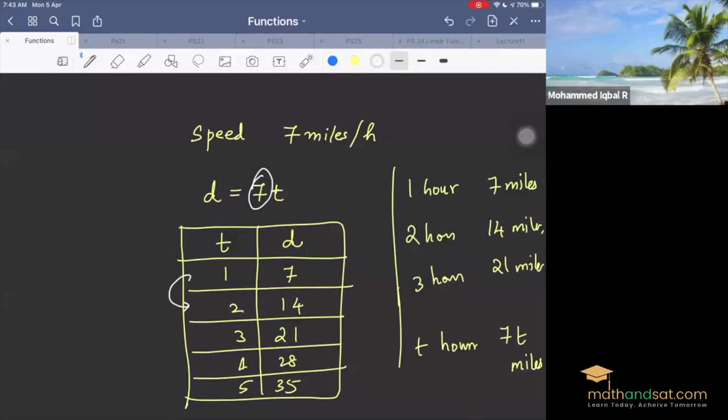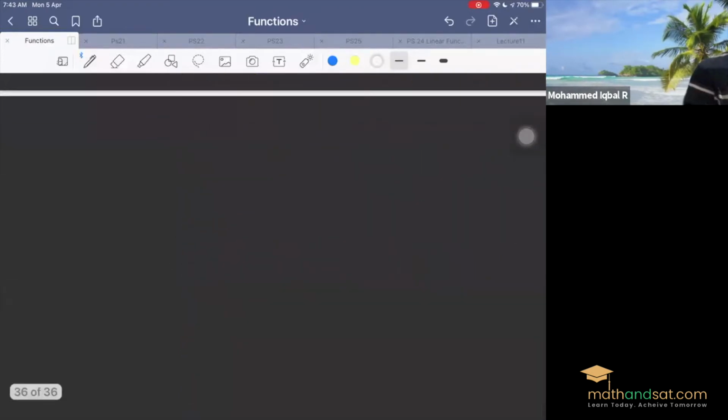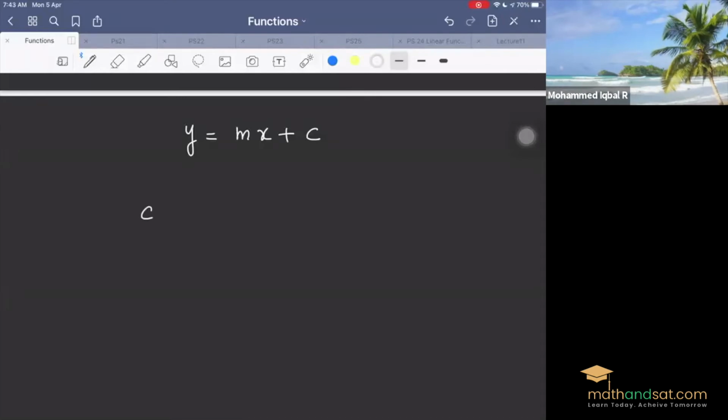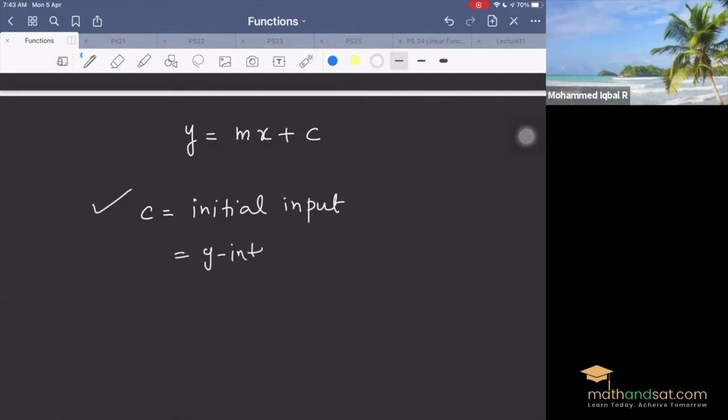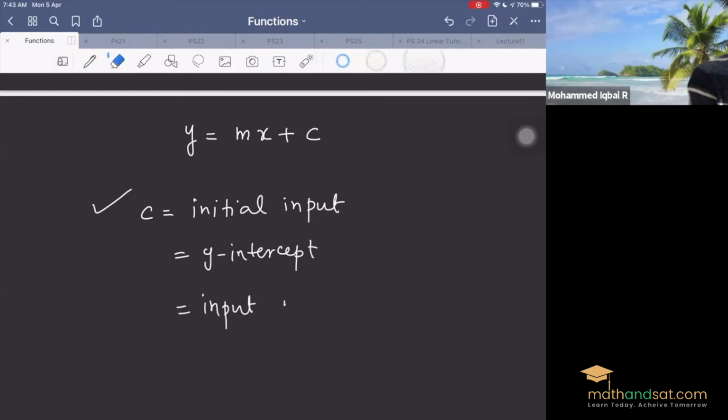So what we just saw is, if I have something of the form y equals mx plus c, your c is the initial output, which we call the y-intercept. Sorry, it's not the initial input, it's the initial output.